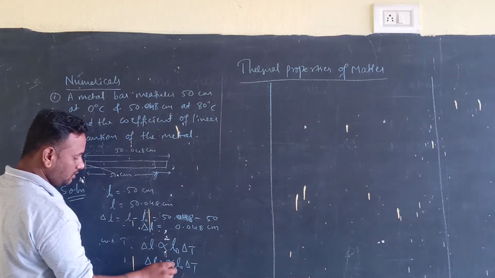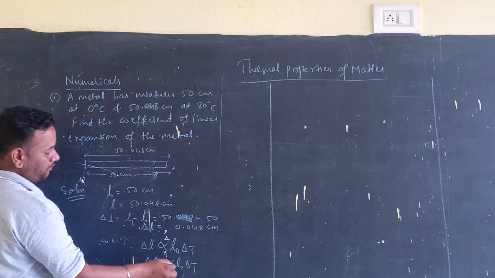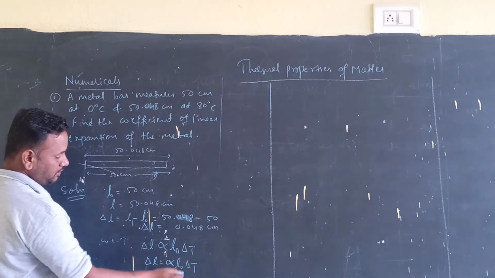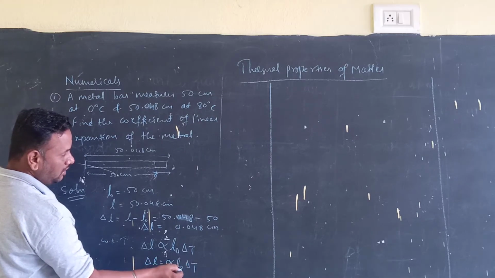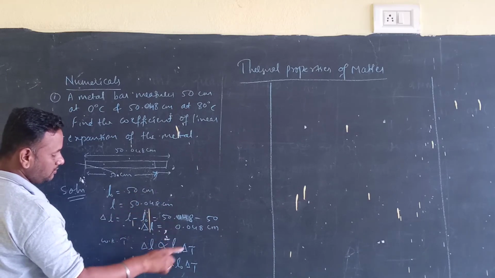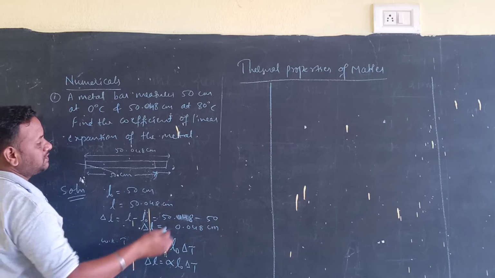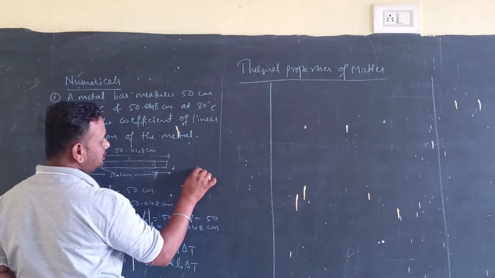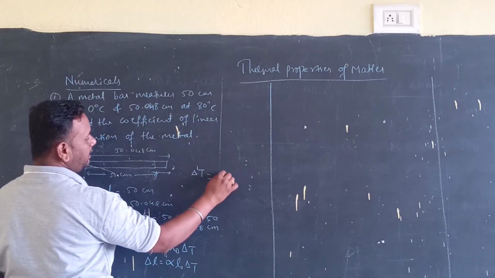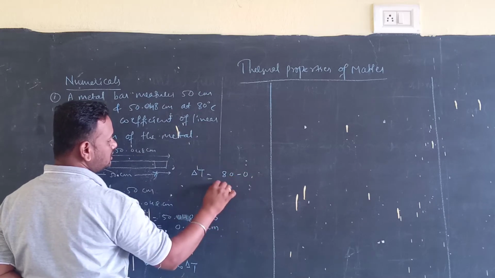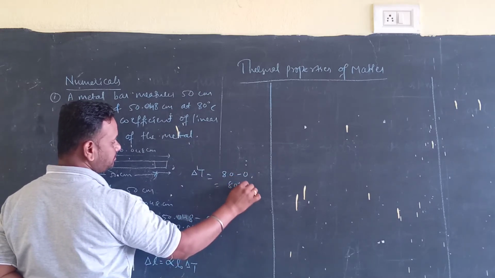Now we have to calculate this coefficient of linear expansion here. Now L0 is the original length, delta L is the change in length, delta T is the change in temperature. Now change in temperature is equal to 18 minus 0 degrees Celsius, that is 18 degrees Celsius.